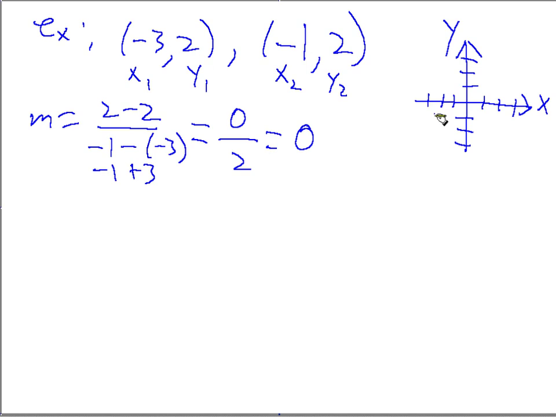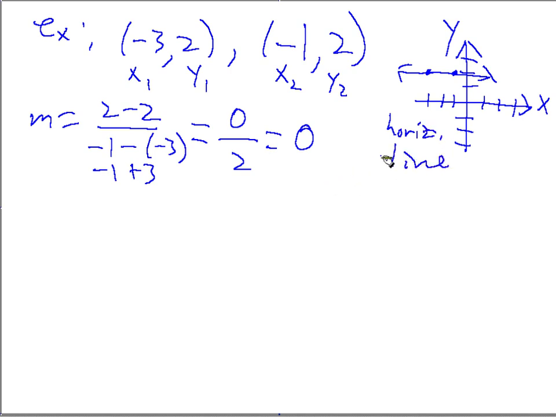Negative 3, 2. There it is. Okay. Let's plot the second point. Negative 1, 2. There's that. And if I connect these 2 points, you can see clearly that this line is what? A horizontal line. All right, that's a horizontal line.